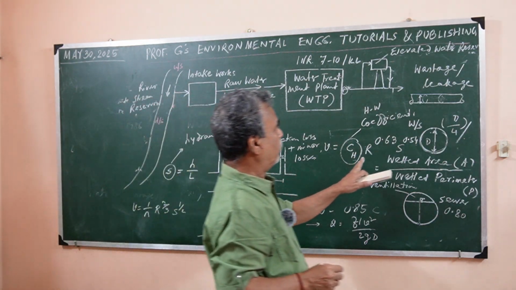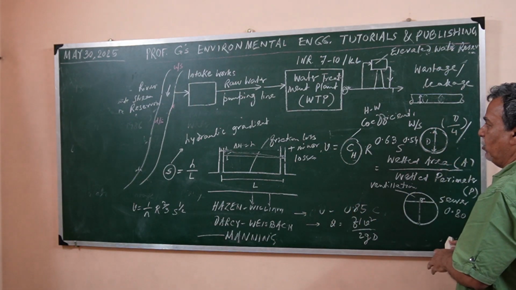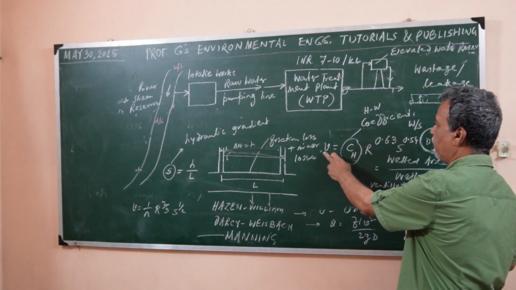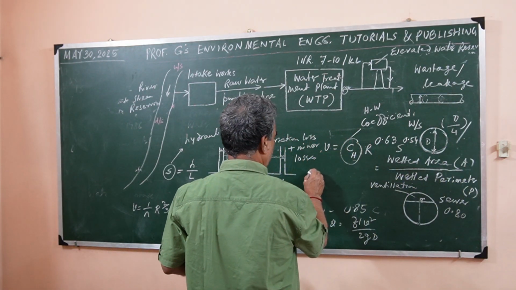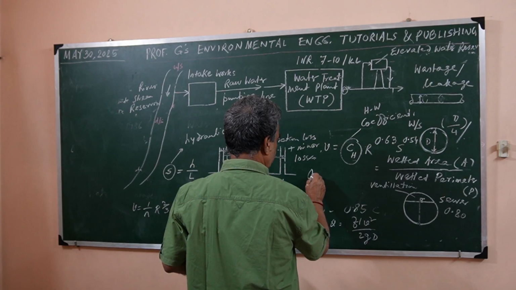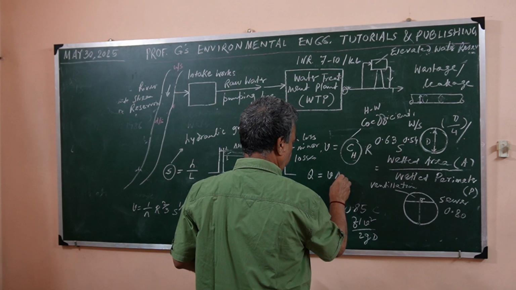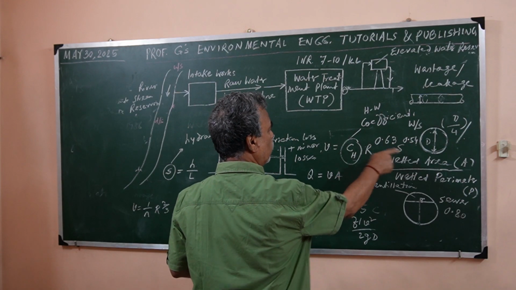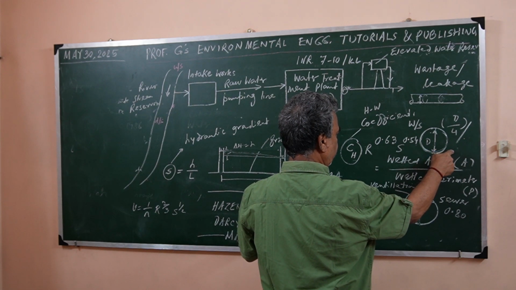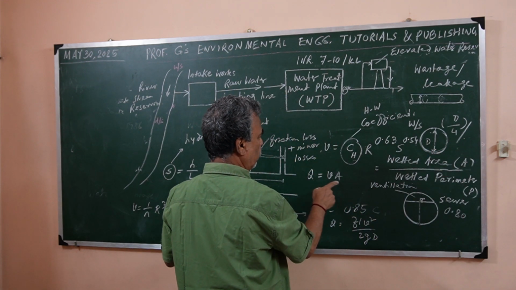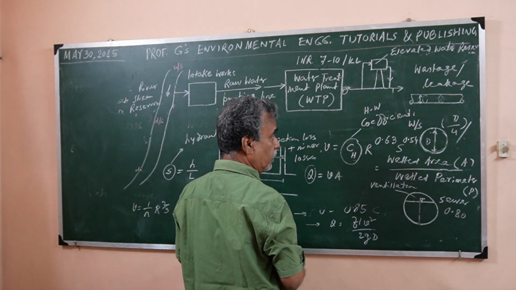I'm not complicating it. What we are trying to find out is this: the discharge we know, so the velocity, the discharge Q, as you know, is velocity into area, that is pi d square by 4. Now Q, you know how much water is to be supplied, right?